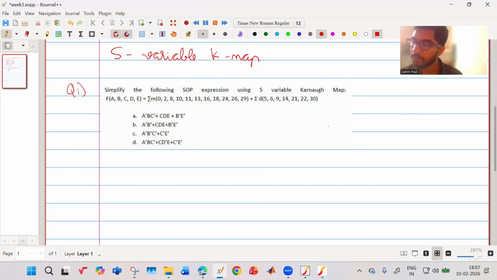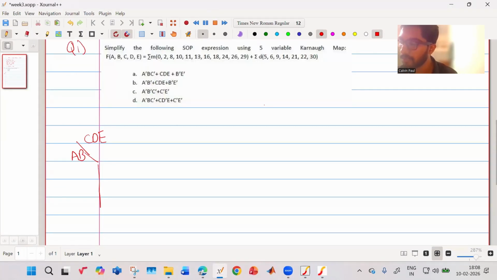So we will start with AB along the rows and CDE along the columns. For AB we consider 0 0, 0 1, 1 1, 1 0.